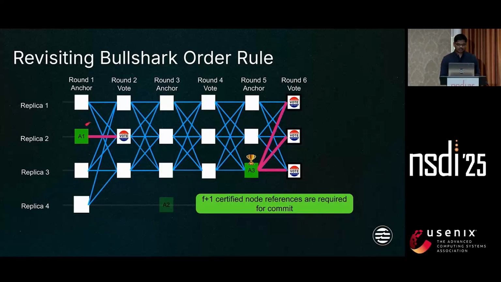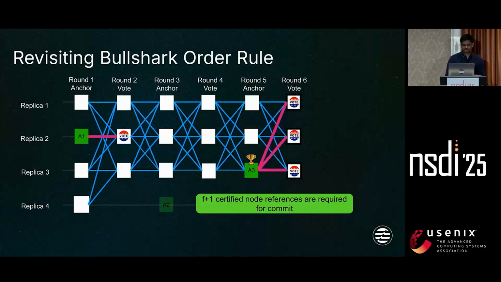So in order to commit A1, each replica has to ensure that there are at least F+1 nodes from the next round that refer to A1, because at some point each node should have references if they had reliably broadcast properly.